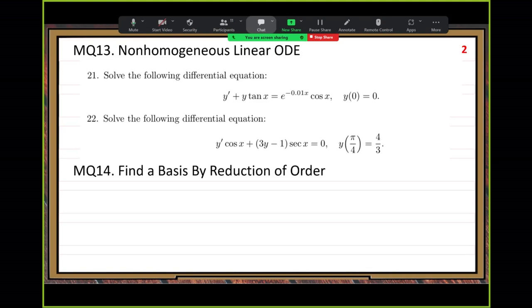Number 14. Find the basis by reduction of order. Basis, two functions, but the first function in the basis is given. This type, there is a formula. So number 14, you do this. Second order ODE, but the first solution is given.